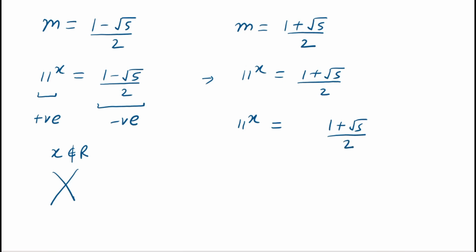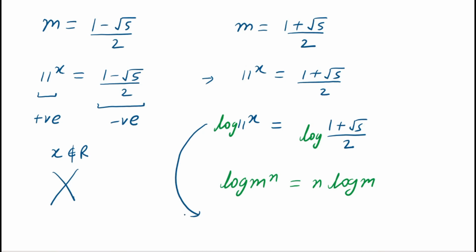If we take log on both sides, now on the left hand side we will apply the log property, which is log mⁿ = n times log m. According to this rule, we can write the left hand side as x times log 11, which is equal to log of (1 + √5)/2.